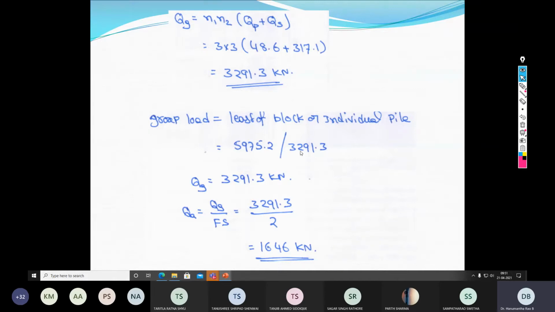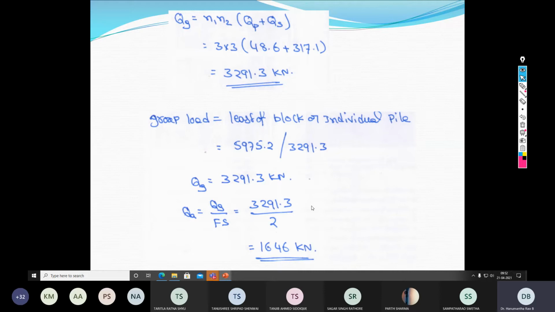So least means 3291.3 kilonewton. Now you are asked to calculate the allowable pile group capacity. So Q allowable is nothing but the Q ultimate divided by the factor of safety. So that is 3291.3 divided by 2. So 1646 kilonewton.